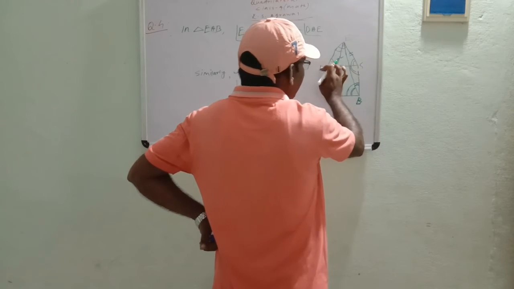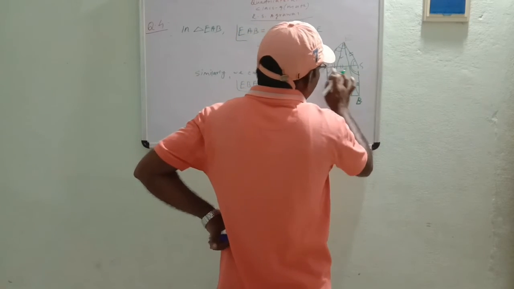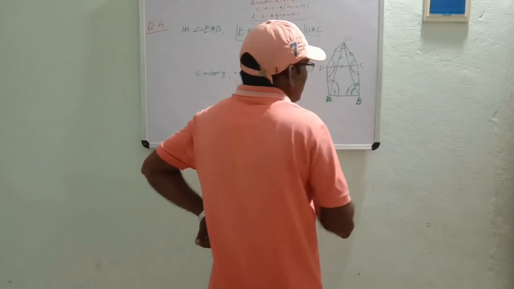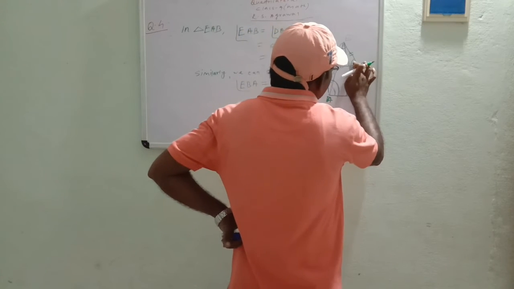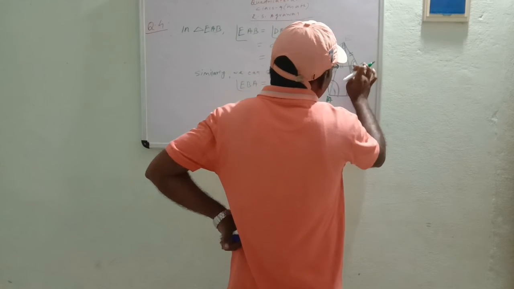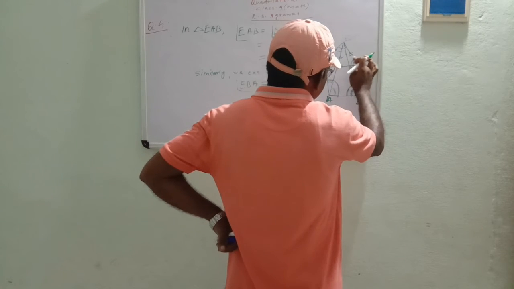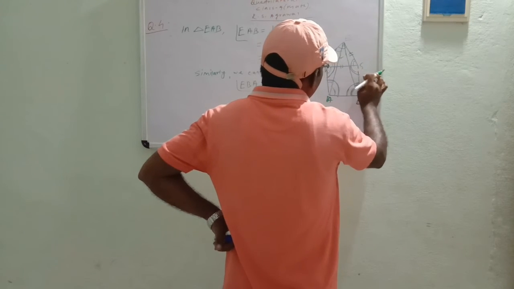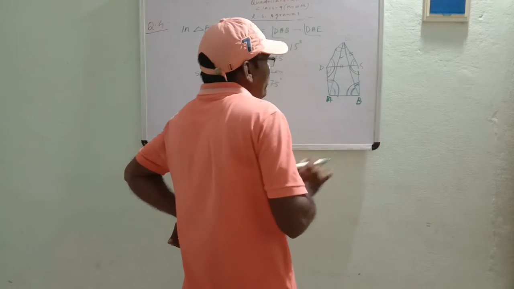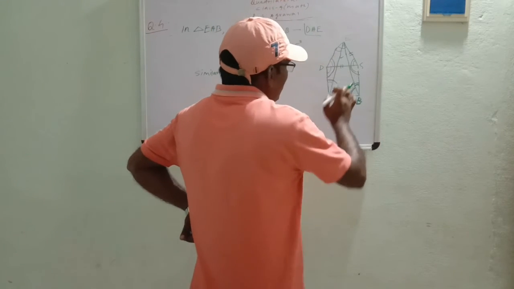So angle ECD equal to 60 and angle DCB equal to 90. So when you added these two angles, 60 degree and 90 degree, you get a single angle, that is ECB, whose degree measurement will be 150 degree.